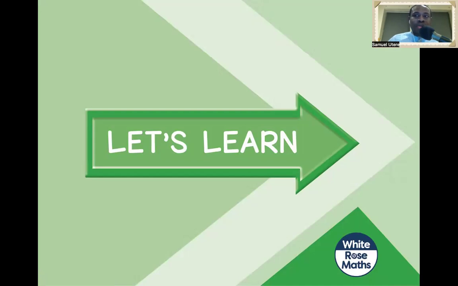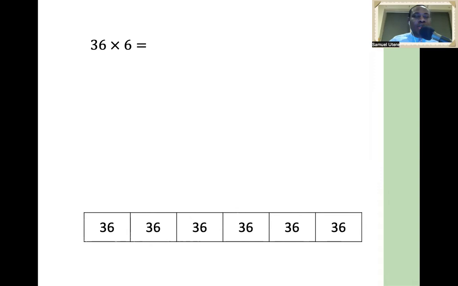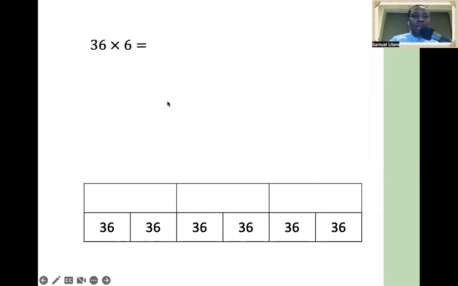Let's do some new learning for this lesson. If you're asked to work out 36 times 6, how many different ways can you do this using your knowledge of factors? Well, remember that the factors of 6 are 2 and 3, but we do not know our 36 times table. So 36 times 6, if you write it as a bar model, this is what it's going to look like. So if we use our knowledge of factors, we have just rewritten this calculation as 36 times 2.